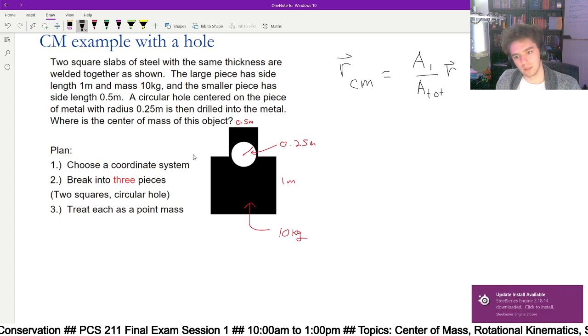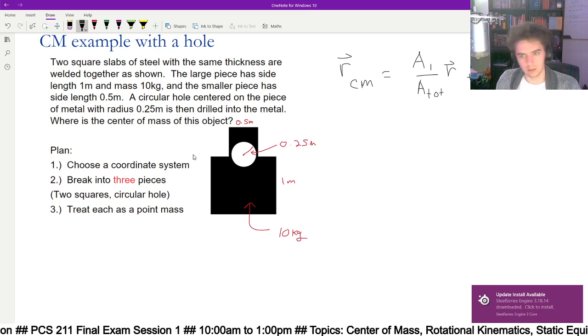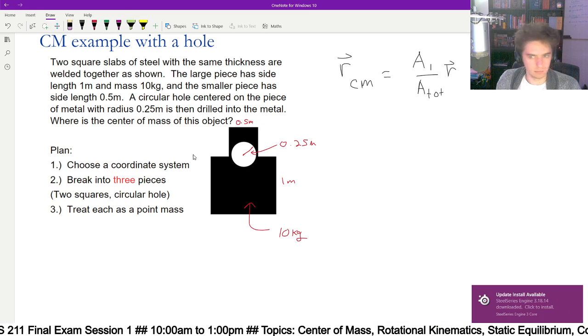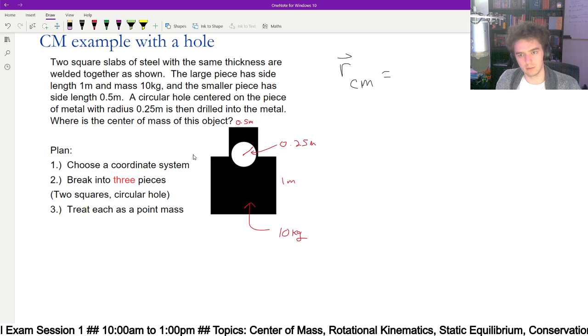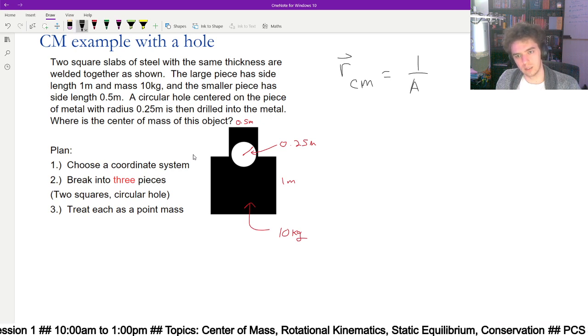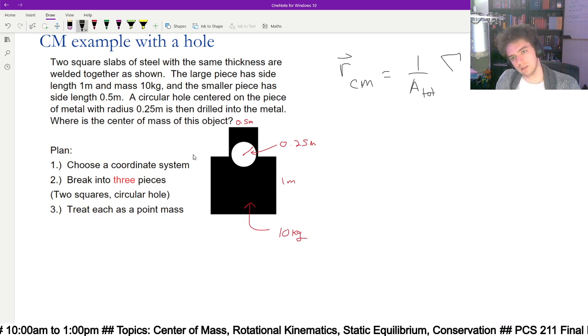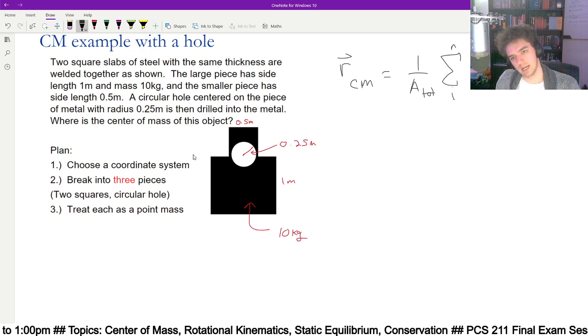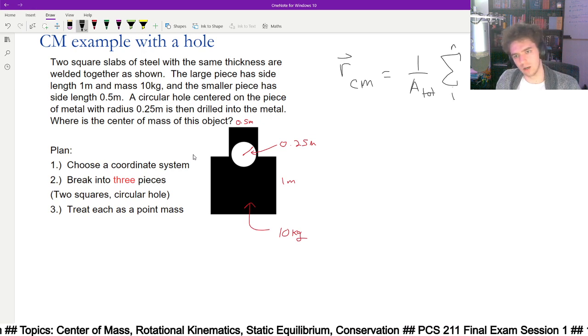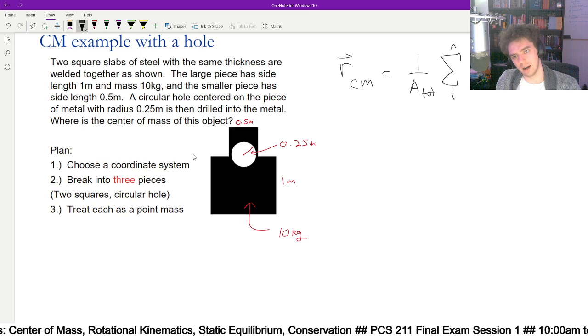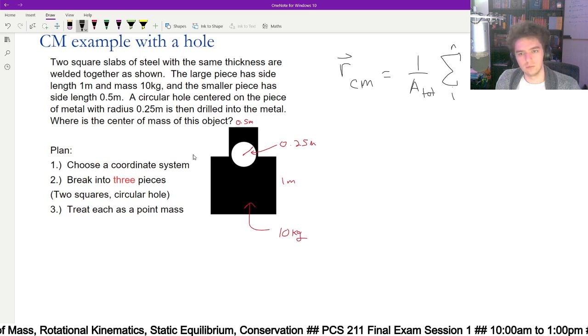I should write it as a sum: 1 over the total area times the sum from i to n of A_i R_i. Right? Another way to do it.